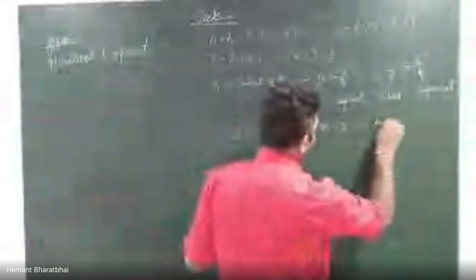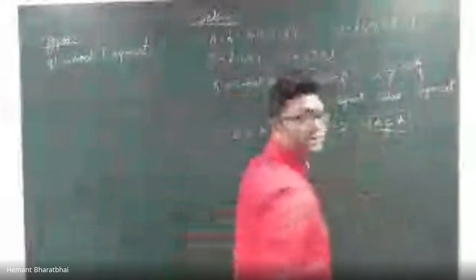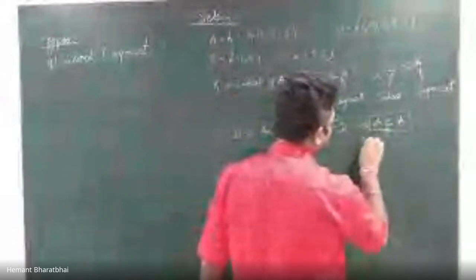Both the sets are equal because number of elements are also same. And the elements which are there is also same. Therefore, I will have to write A is a subset of A, which gives a very important property. Okay, and then you have to remember every set is a subset of itself.